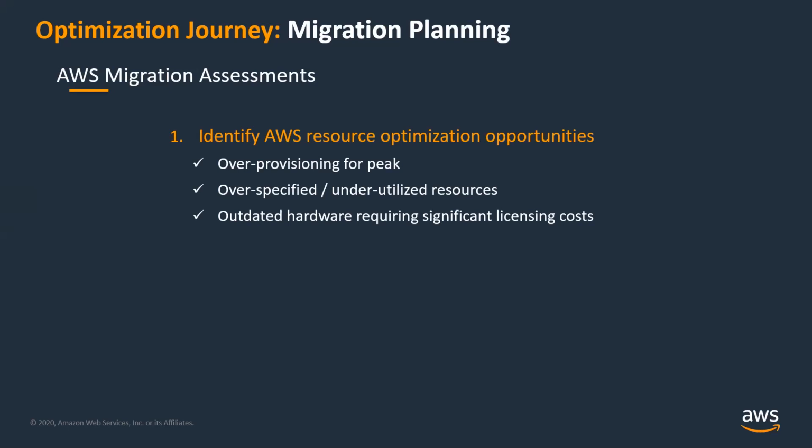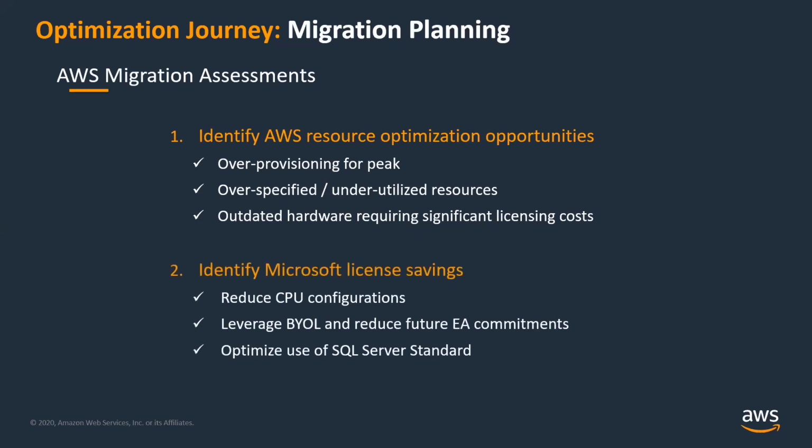And these resources include powerful servers with very high CPU and memory, big hard drives, etc. So during the assessment phase, it's very essential to right size these resources, which can handle the usual demand, and let the elasticity of the cloud take care of the spikes in demand. This is the right time when you decommission outdated hardware and replace it with more performant and optimized compute and storage resources offered by the AWS cloud.